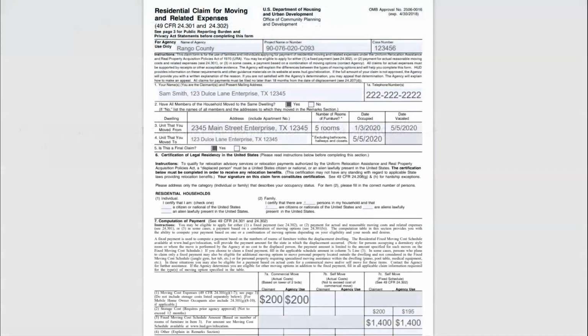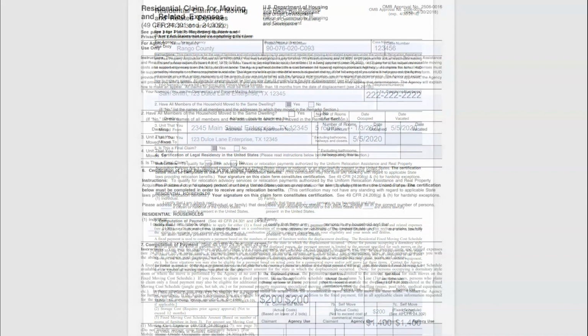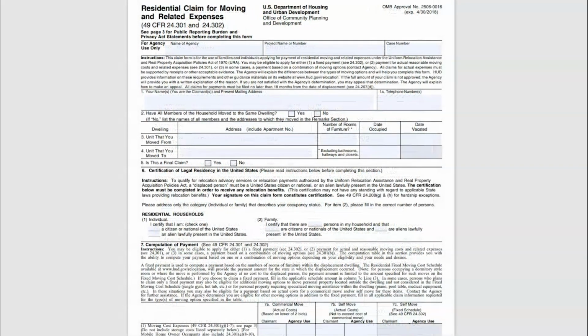Now let us begin to review the completion of the form. For this video, we will use an example of a fictional claimant and location to give a sample of how to complete the form. Once opened in a PDF reader, tenants and subrecipients will be able to enter and edit data onto the document. For the purpose of this video, eligible tenants and involuntary buyout and acquisition homeowners will be known as the claimants.